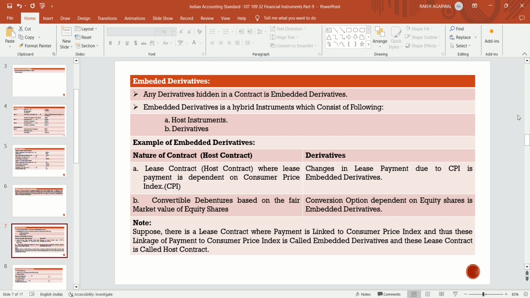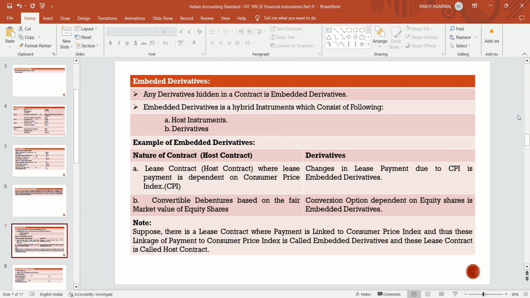Means there is one main contract and the topping on that is a derivative, that is an embedded derivative. Suppose the main contract is to purchase an instrument, and the contract is prepared for a commodity transaction, suppose we are taking the example of commodity, or settlement happens on a net basis, so it's a derivative transaction.